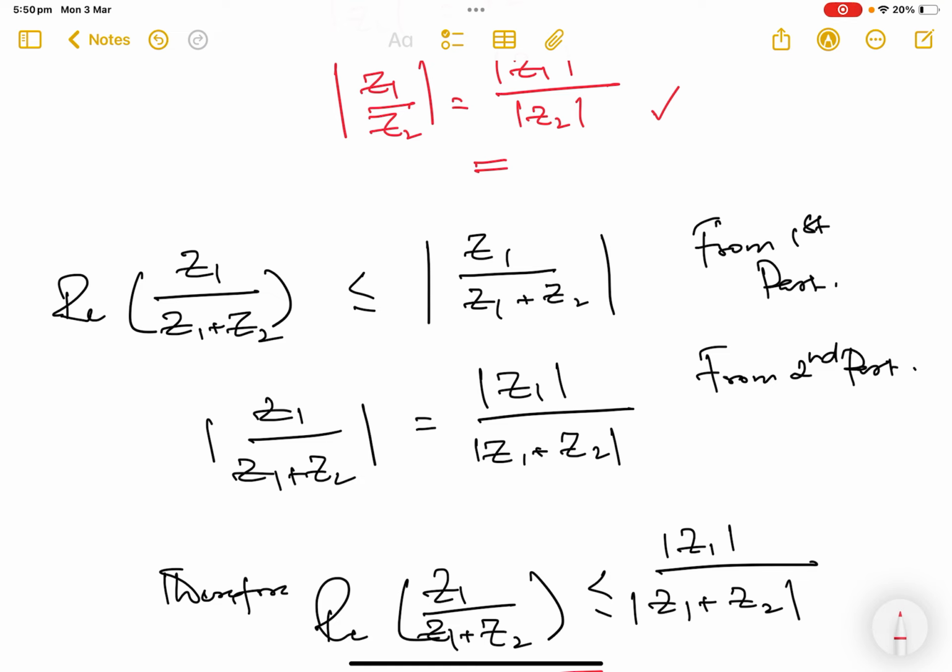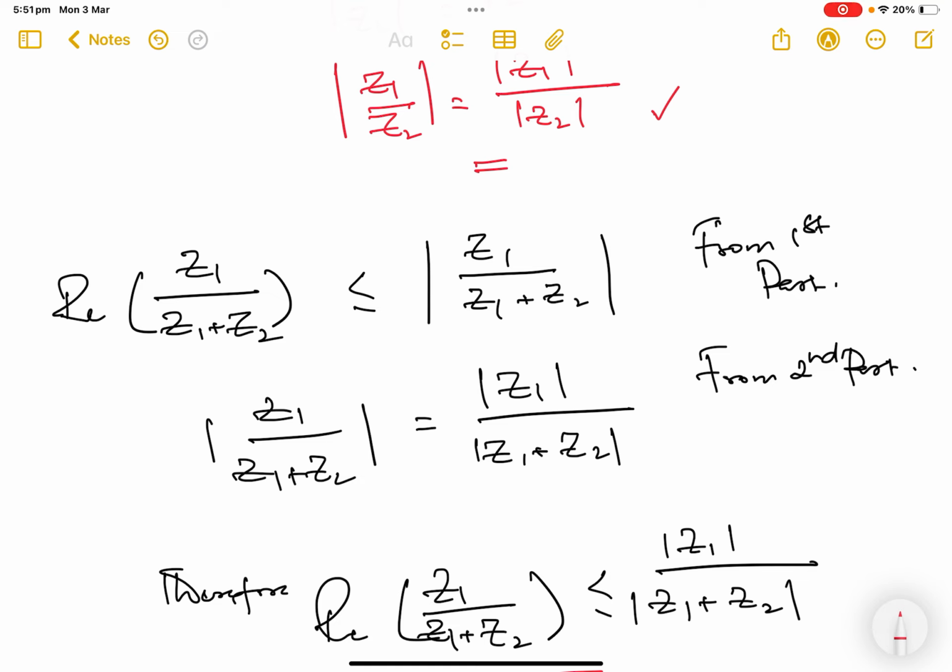So for the real part of Z1 over Z1 plus Z2, we have proven from the first part that the real part of a complex number is less than or equal to the modulus of that complex.